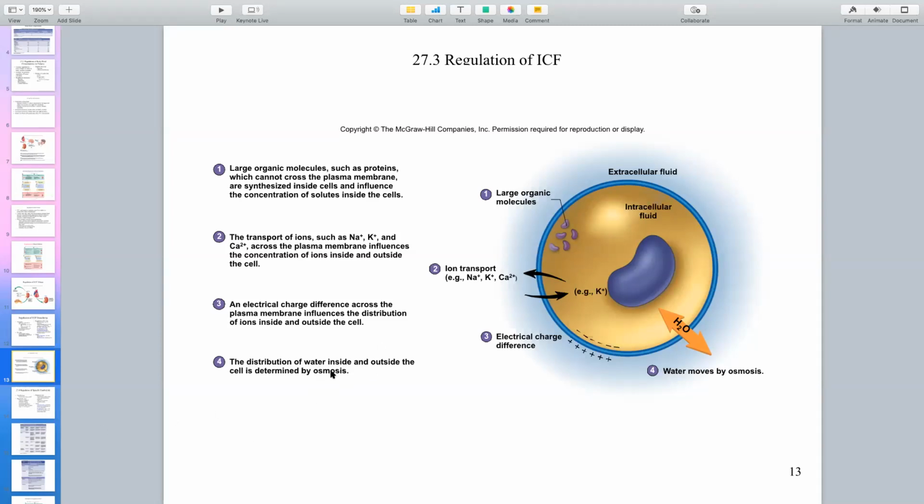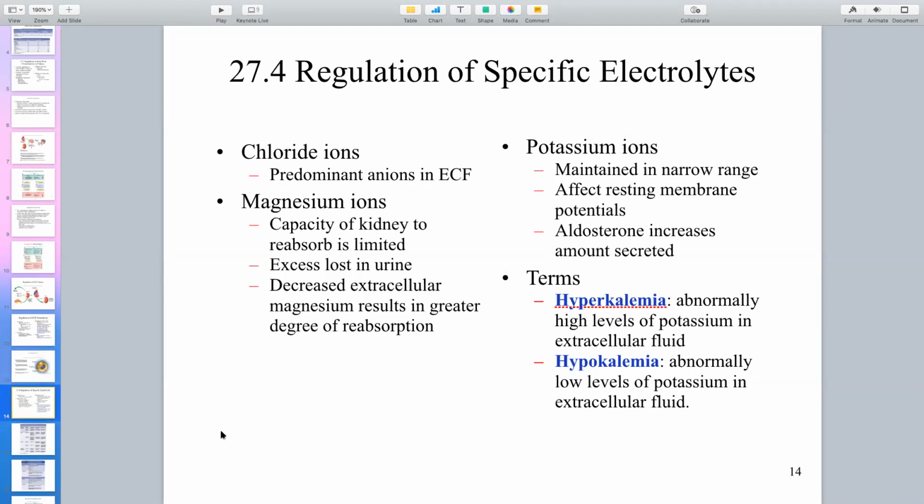The distribution of water inside and outside the cell is determined by osmosis. The solute concentration inside, solute concentration outside. That is the biggest draw for water and water distribution. Right. Next one, hypo and hyperkalemia. We'll talk about chloride ions, predominant anions.